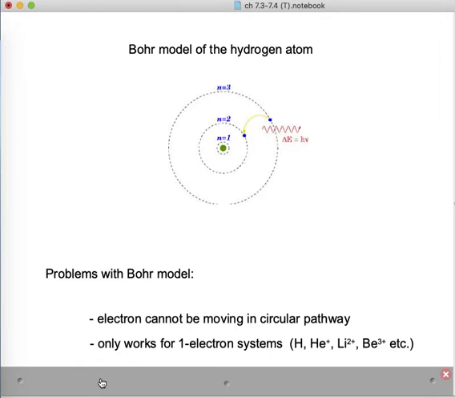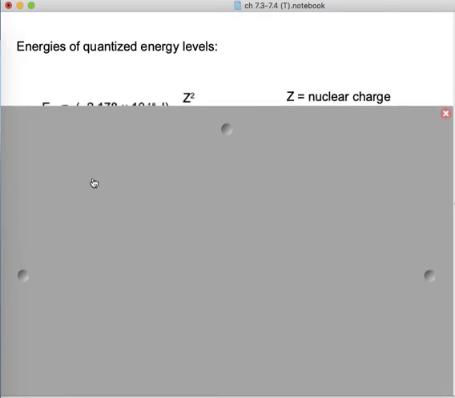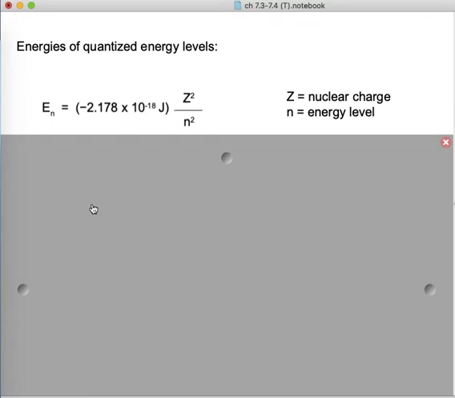Okay? And he was able to come up with an equation to actually calculate the energies of the quantized energy levels. And it looks like this. E sub n, meaning the energy of the nth quantized energy level, is equal to negative 2.178 times 10 to the negative 18 joules, a constant that he derived from fundamental physics, times the product of Z squared over n squared.